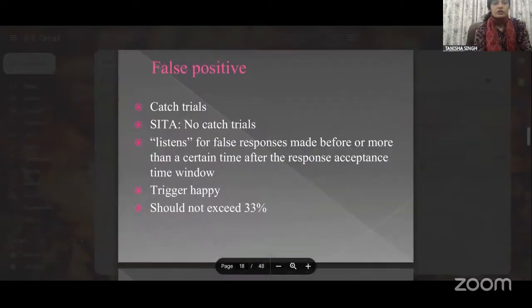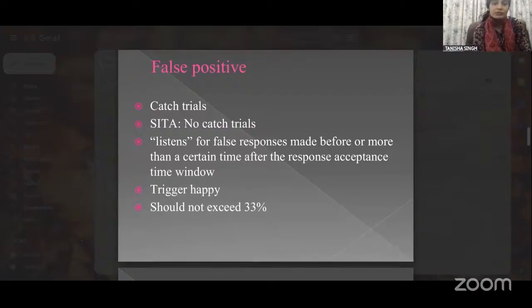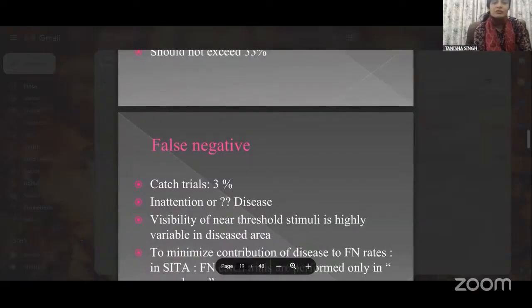So false positives are basically a no-no for a printout. If you see a lot of false positives, you can discard that printout as unreliable. It happens in trigger happy patients, wherein the patient, even if not perceiving the stimuli, keeps pressing and keeps clicking on.